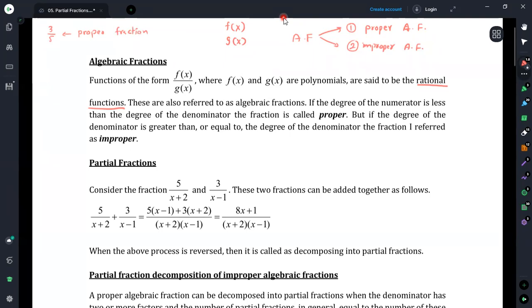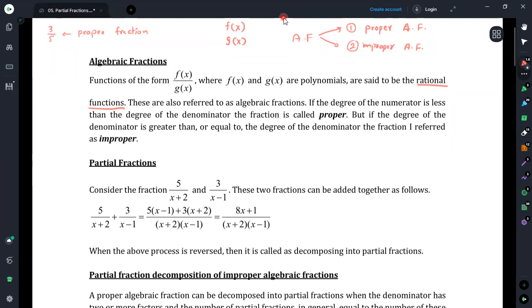Therefore, such a fraction is called a proper fraction. For an algebraic fraction, rather than saying the number is less than or greater than, we say that the degree of the polynomial in the numerator is less than the degree of the polynomial in the denominator. We call such fractions proper fractions.